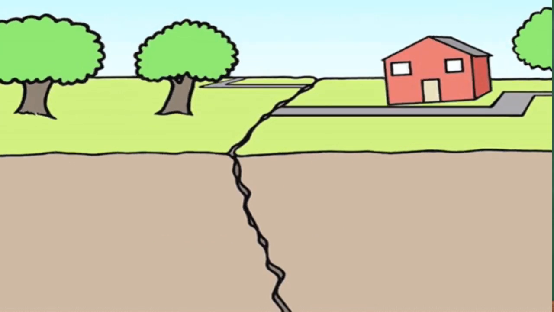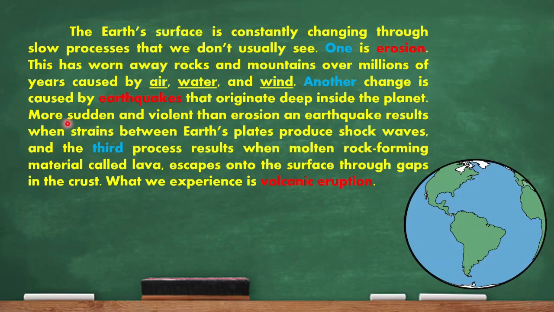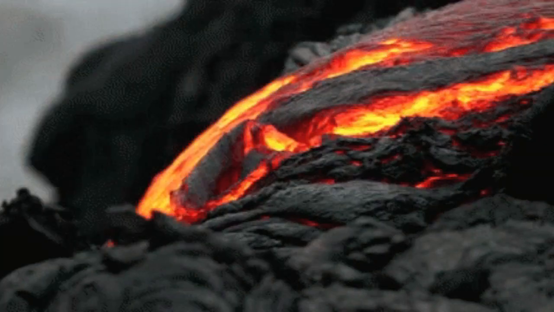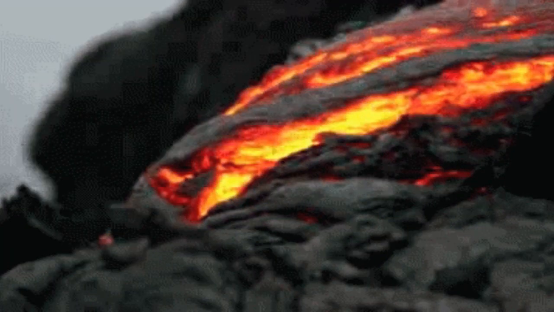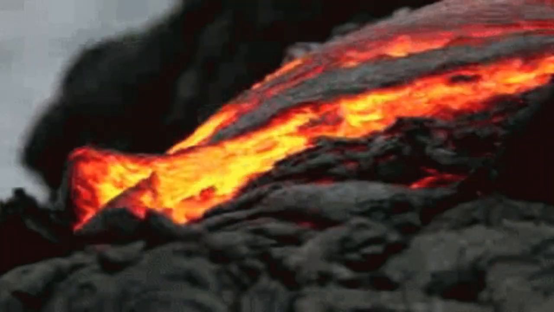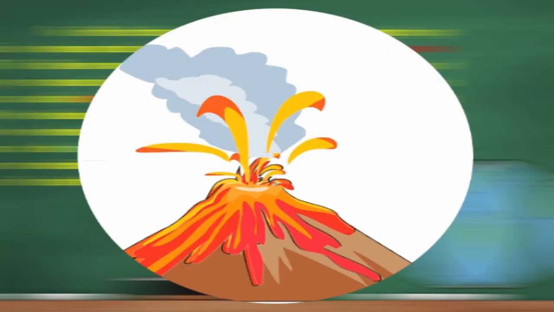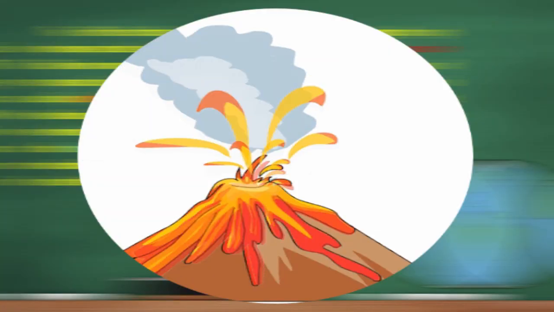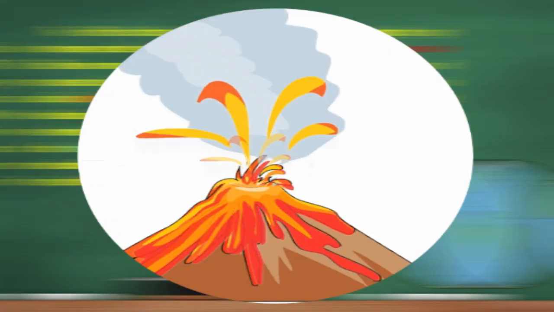More sudden and violent than erosion, an earthquake results when strains between Earth's plates produce shock waves. And the third process results when molten rock forming material called lava escapes onto the surface through gaps in the crust. What we experience is volcanic eruption.